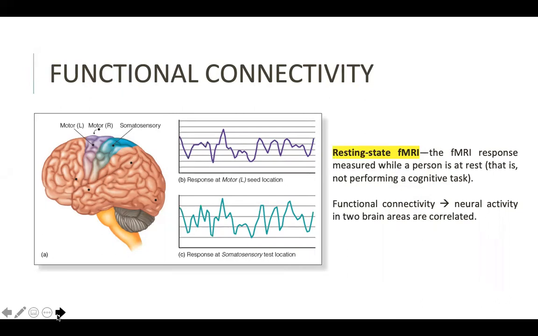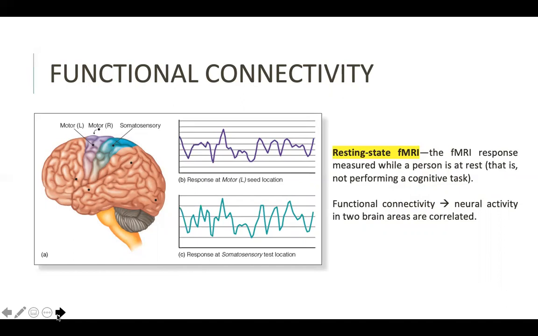Functional connectivity is determined by the extent to which neural activity in two brain areas, the left side and the right side, are correlated. If the responses of two brain areas are correlated with each other, this means that they are functionally connected, right?